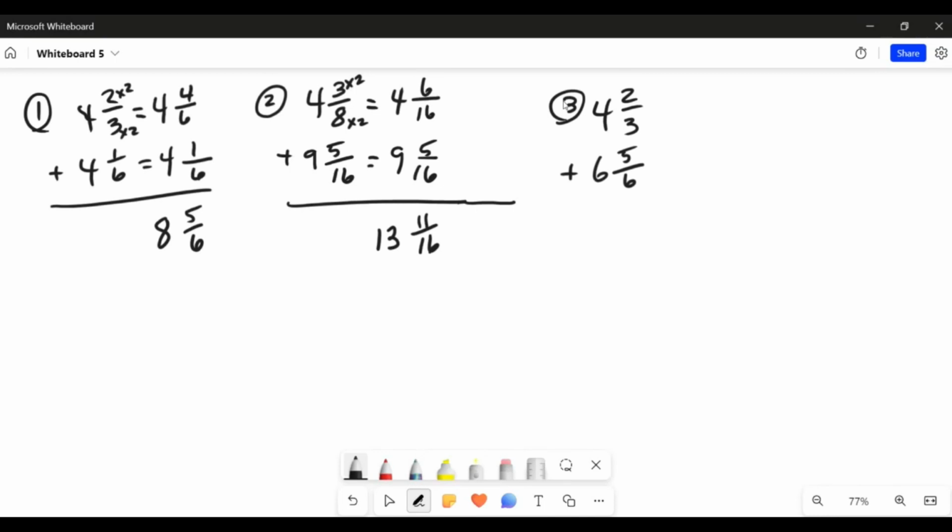All right. We do not have a common denominator. I've got to have a common denominator before I can add the fractional parts. What is the common denominator for 3 and 6?